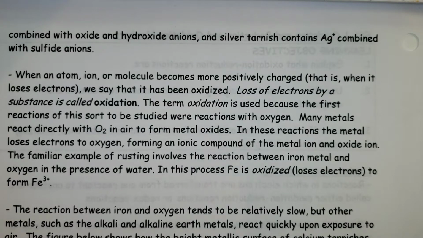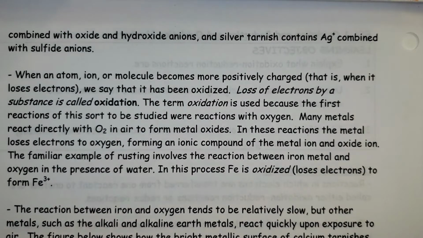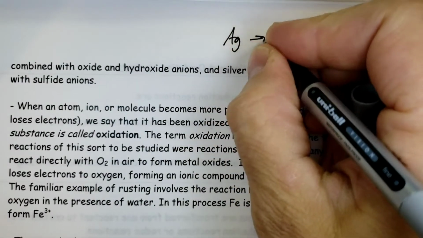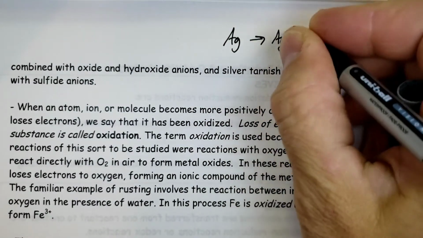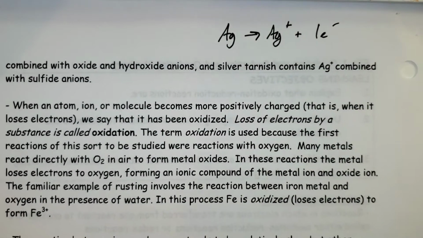So in all of these instances, these metal atoms lose electrons and thereby become ions. For example, a silver atom becomes a silver ion, and of course, it loses an electron in the process.